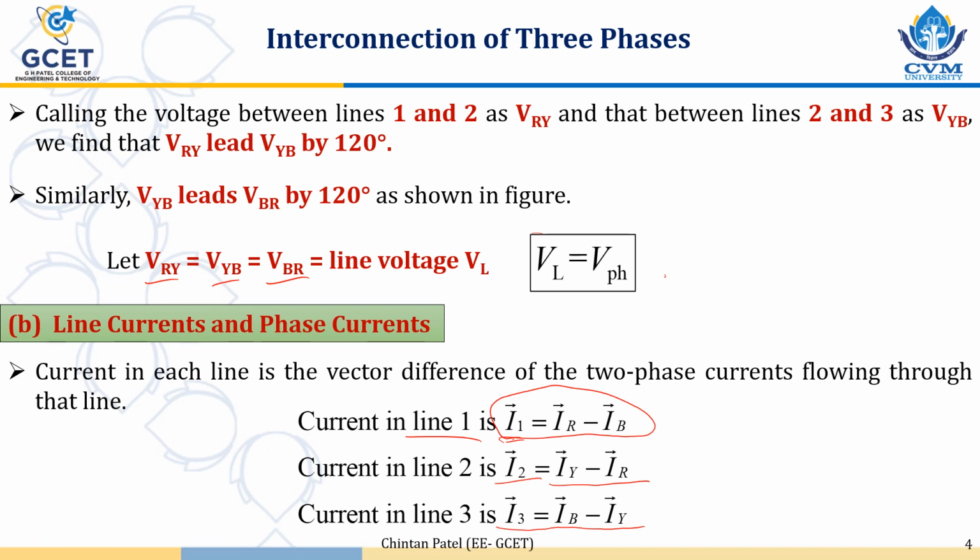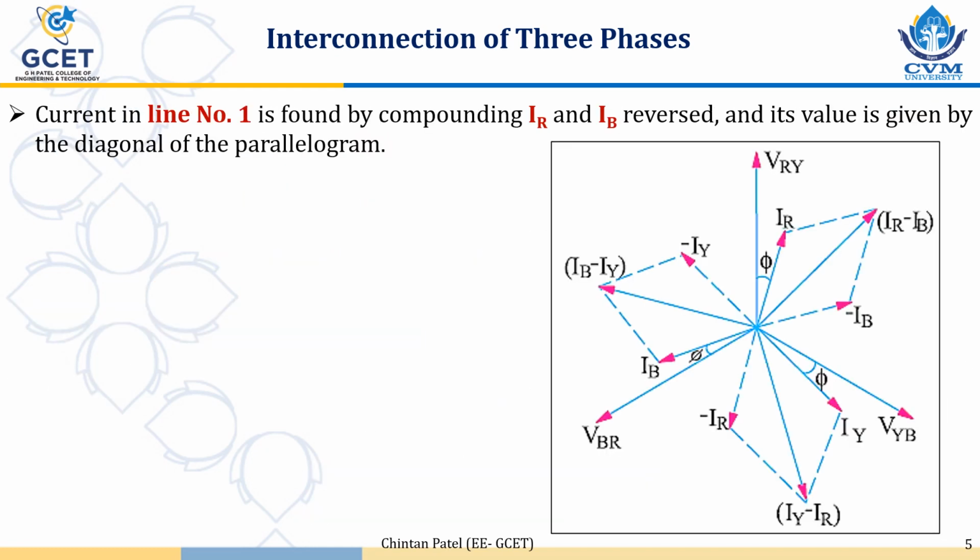We need to derive the proper equation, so that we can calculate the value of line current if phase currents are given, and value of phase currents if line currents are given, same as the star connected network. If we draw the vector diagram, then this is the VRY vector, this is VYB and VBR.